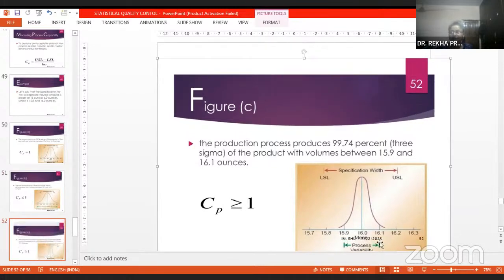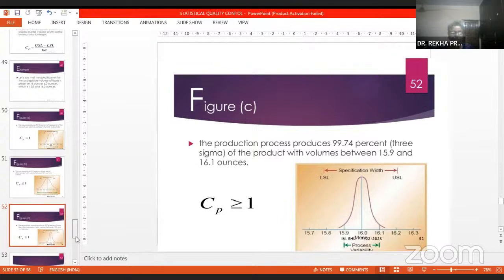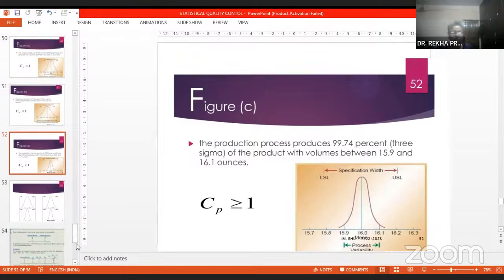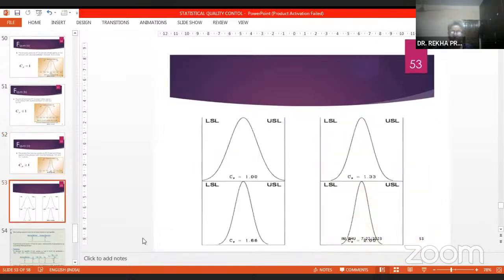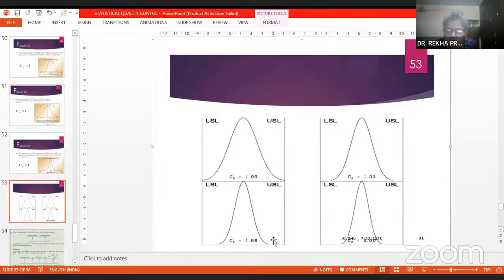If Cp were 1, it would have been 15.8 to 16.2. This is more, this is also more than 1, and this is less than 1.